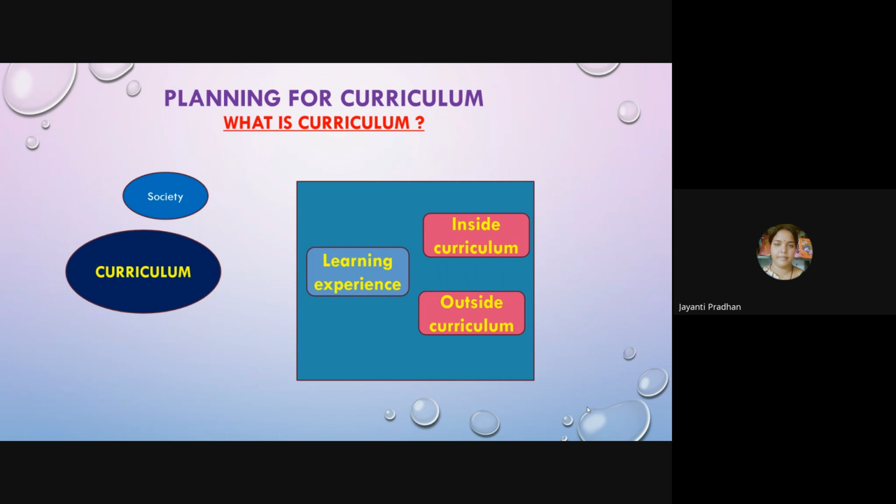And when we are preparing this curriculum for the student, we must consider some important factors, like the society, because we all know that education has two aims: one is the individual aim, another is the societal aim. That means when we are acquiring education, we are developing personally, and by our development, the society we belong to also gains benefit.